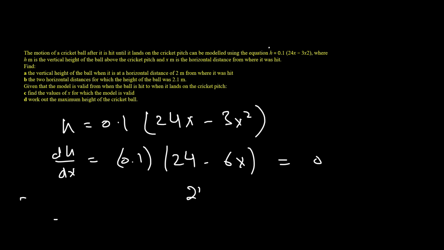So 24 minus 6x is equal to 0. So 6x is equal to 24, x is equal to 4. So when we put x equal to 4 in this equation, we will get the maximum height.